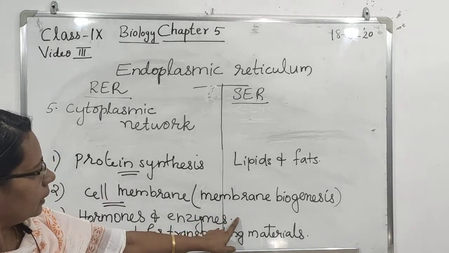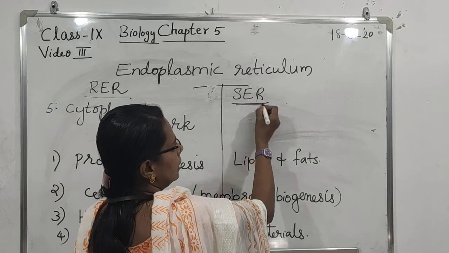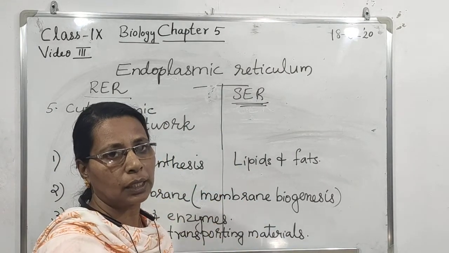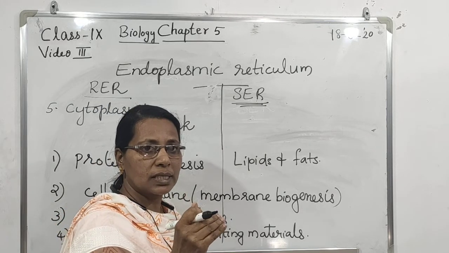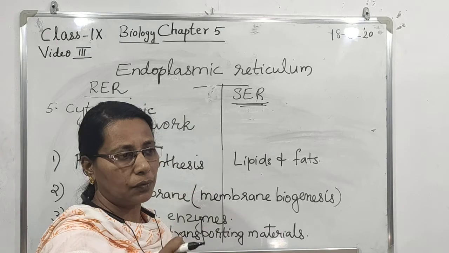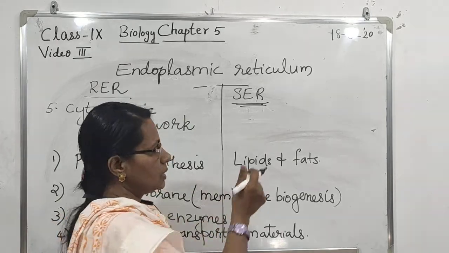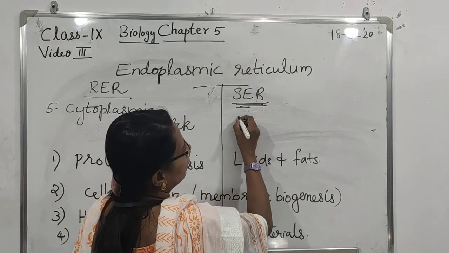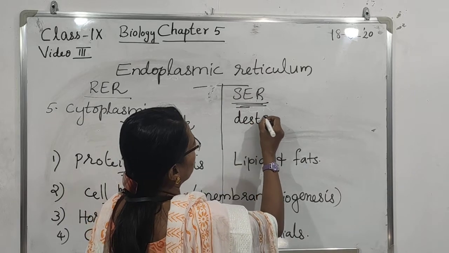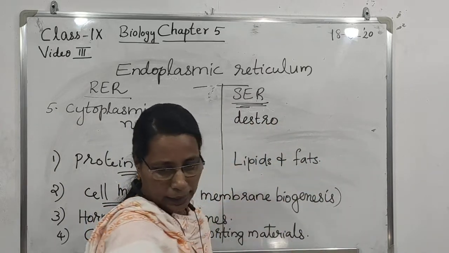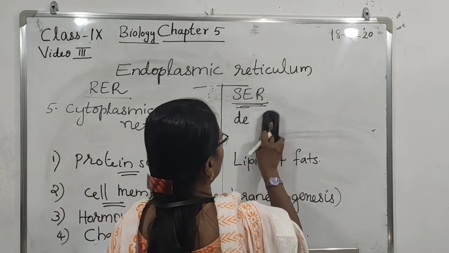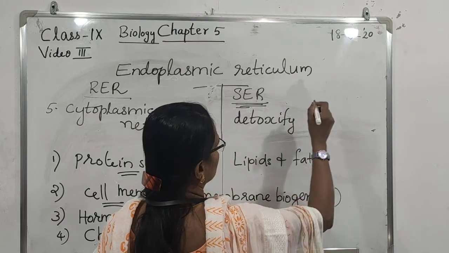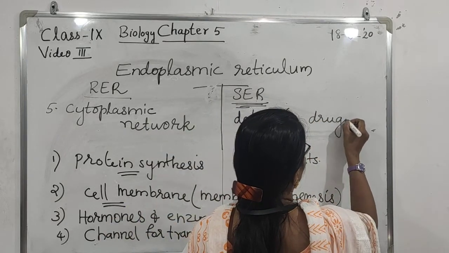Then another important function is the function of SER only, that is smooth endoplasmic reticulum. In liver cells of vertebrates, this SER has an important role in destroying or detoxifying drugs and poisons.